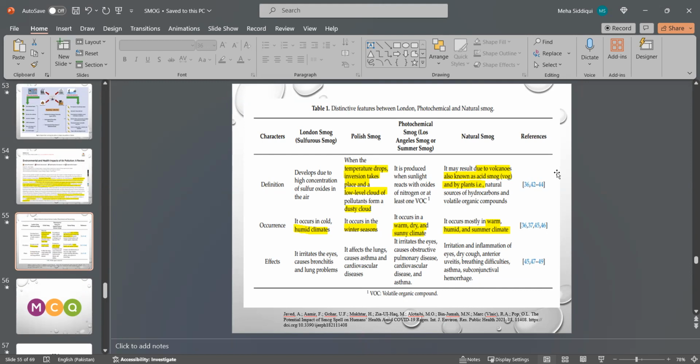London smoke, we have already discussed, develops due to high concentration of sulfur oxides in the air. Polish smoke: when the temperature drops, inversion takes place and a low-level cloud of pollutants forms a dusty cloud. Photochemical or Los Angeles smoke is produced when sunlight reacts with oxides of nitrogen and at least one volatile organic compound. And natural smoke may result from volcanoes, also known as acid smokes, and from plants.